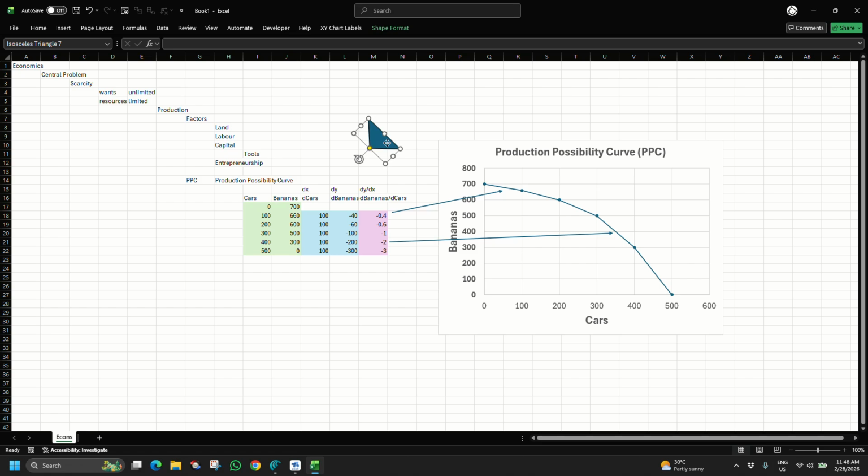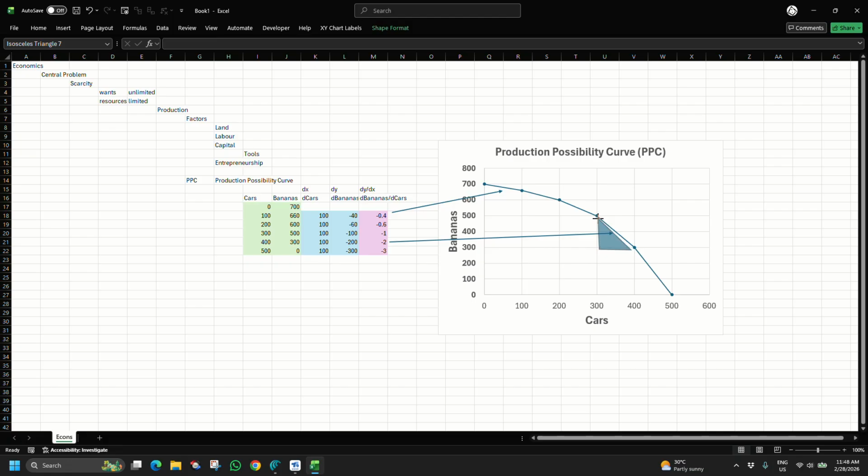How can I make this triangle be more like this one here, that is the triangle. From this point to this point, right?